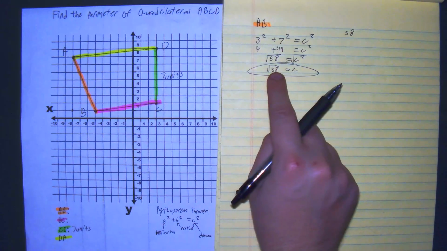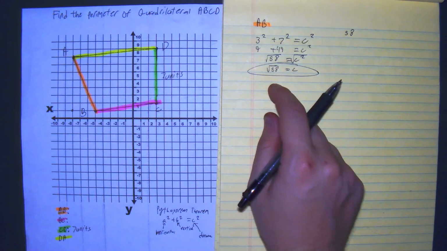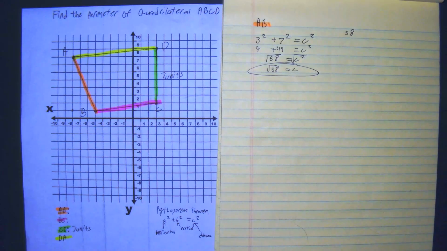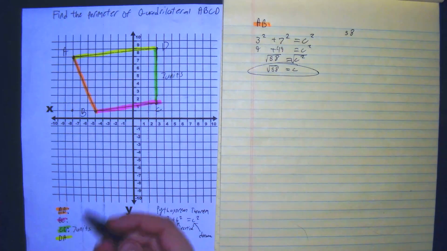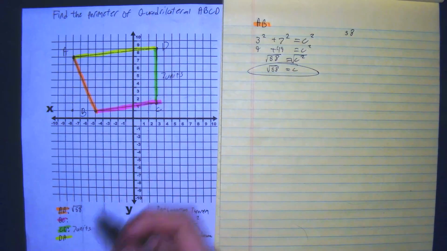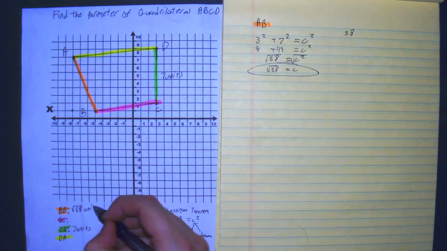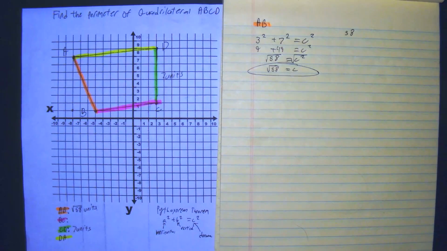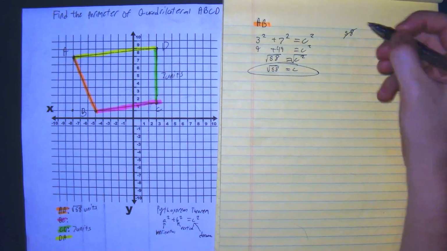We're going to leave it like this so we can get an exact answer, and we don't want to round until the very end because we want to make sure our answer is as exact as it can be. So right here, we have square root 58 units. Next on the list, just cross that out.